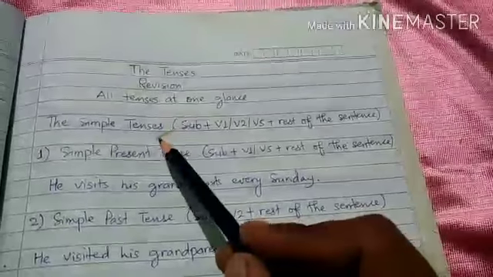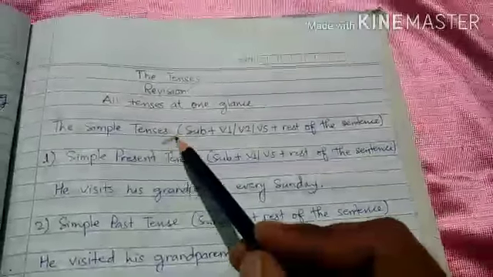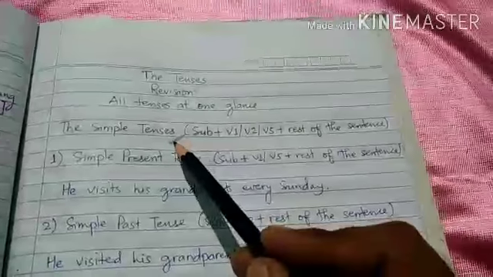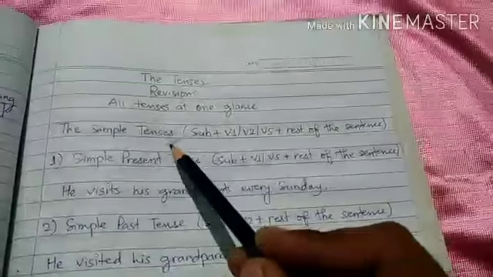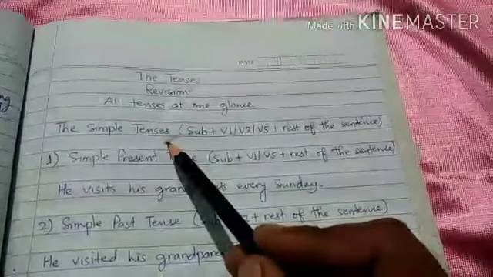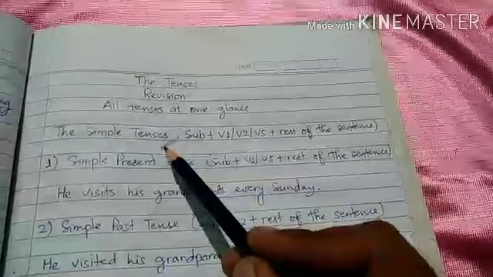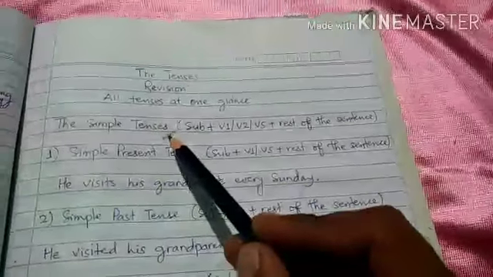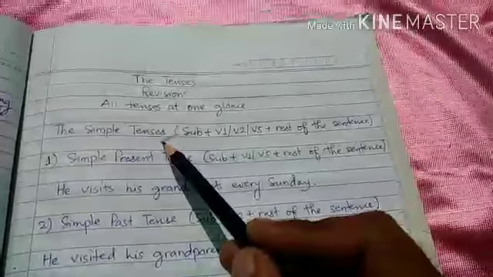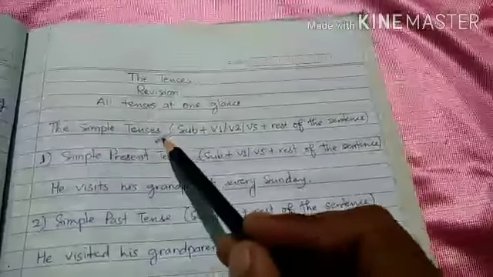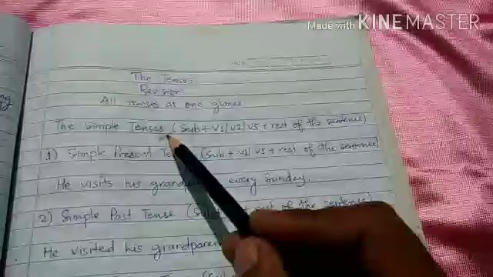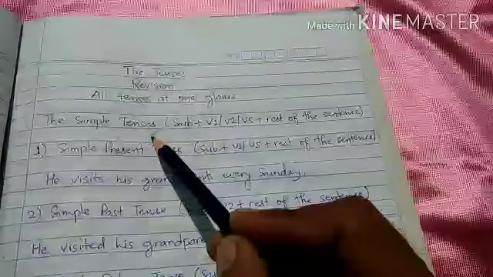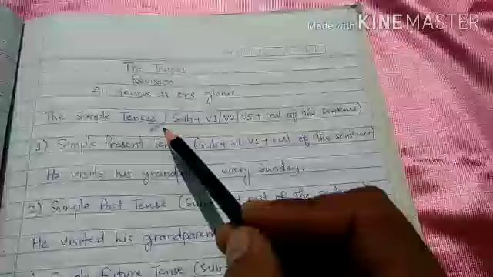We have already understood the sentence structures in each tense, how to frame affirmative, negative and interrogative sentences in each tense. We have already learned and practiced. And now in this video we are learning how to change the same sentence in one tense into other tenses also.